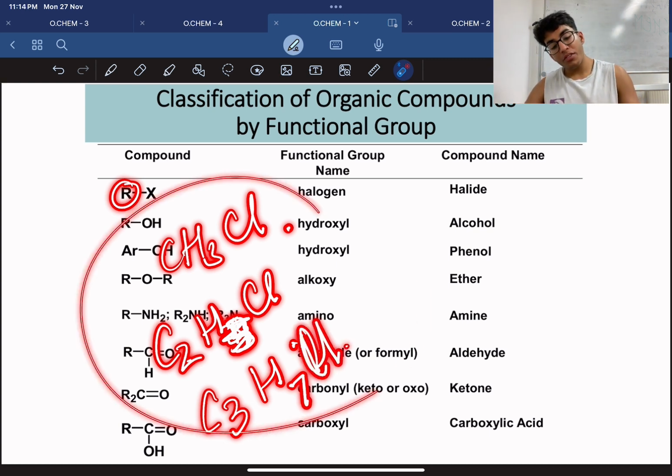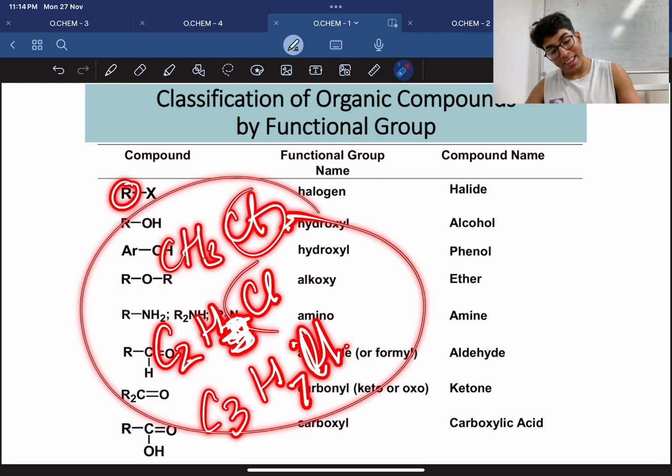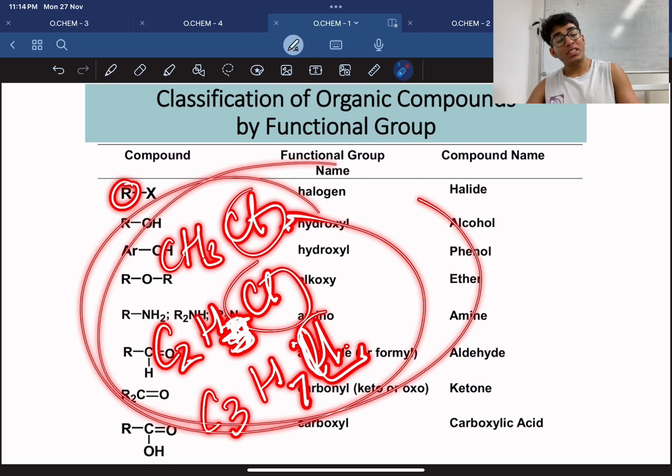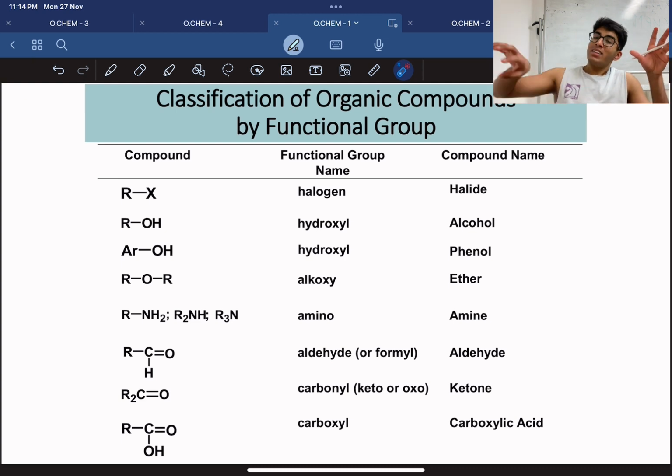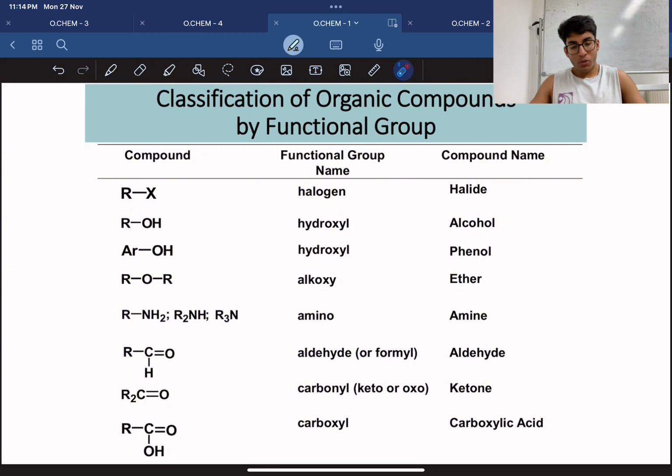The fact that all of these three things have Cl in them will make all of these three behave the same. So no matter whatever the compound is, if it has that functional group, you can tell, okay, fine, this guy has that functional group, so he's going to behave in this way. That's what it's for.